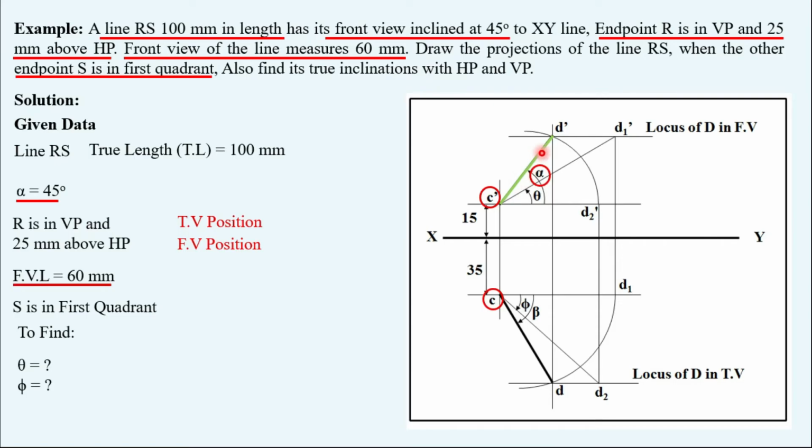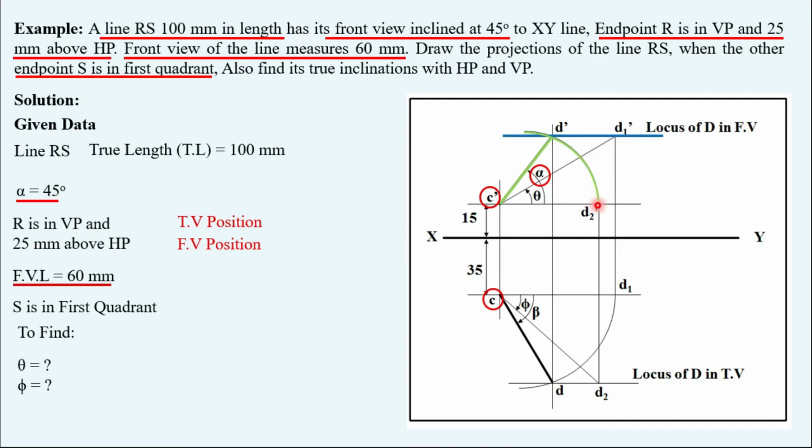If I'm able to draw this much, then obviously at this point D dash parallel to XY we can draw the locus. If we can draw the locus, then keeping compass on this front view point at any distance, that is front view length 60 mm in compass, we can rotate it back and bring it parallel to XY.